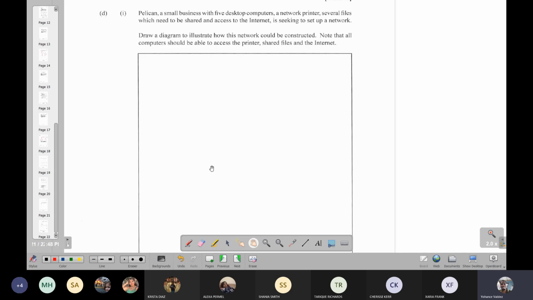So essentially what you have is not really a hub, but a switch, right? A switch, and we have 5 desktop computers: PC1, PC2, PC3, PC4, and PC5.